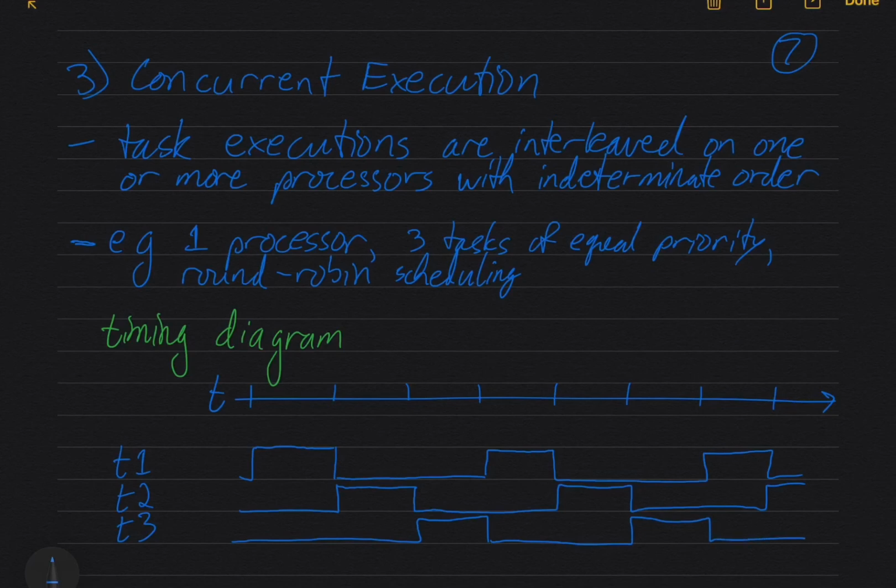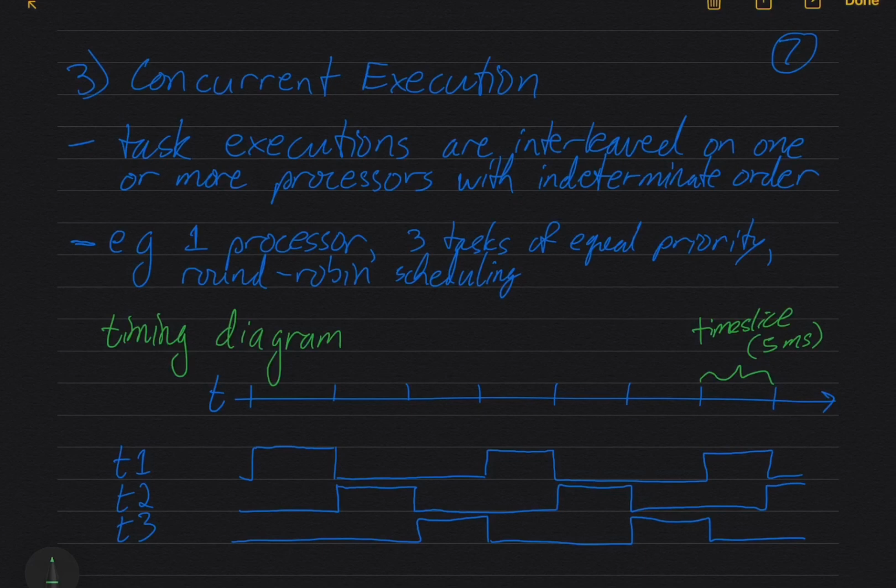Okay, so let's add a couple labels here. This unit here is called a time slice, and it's typically 5 milliseconds. That's on RTOS2. Also, I think Linux, it depends on the processor, but 5 milliseconds is not uncommon.